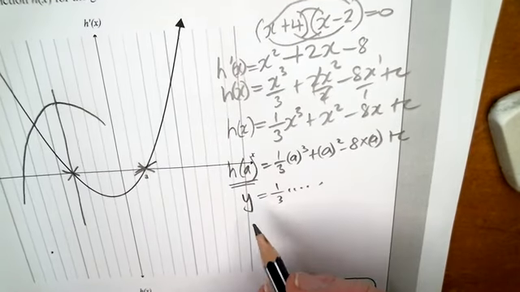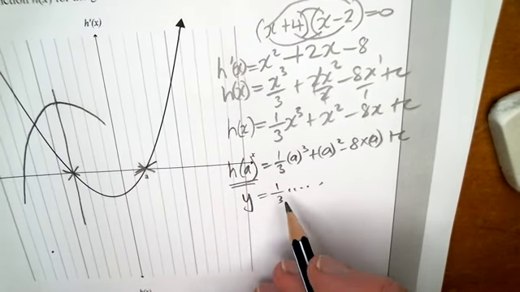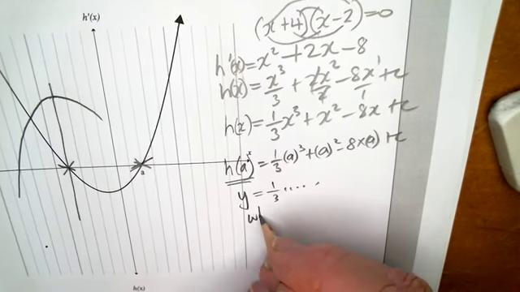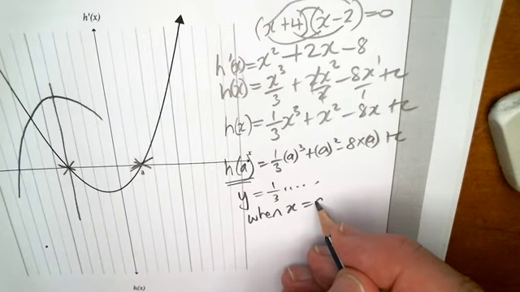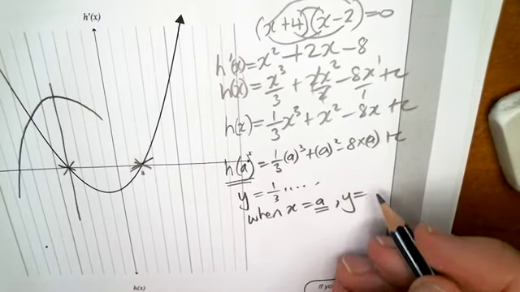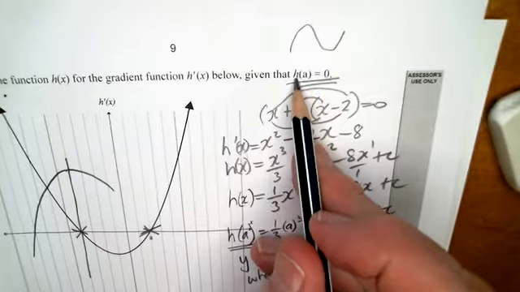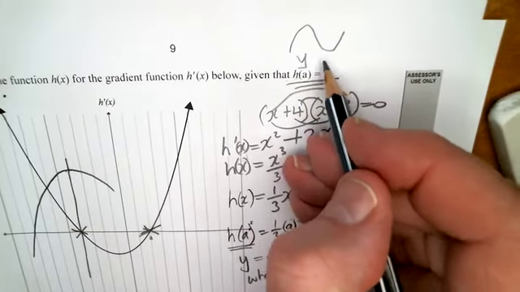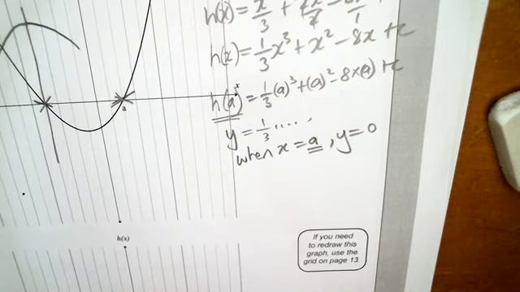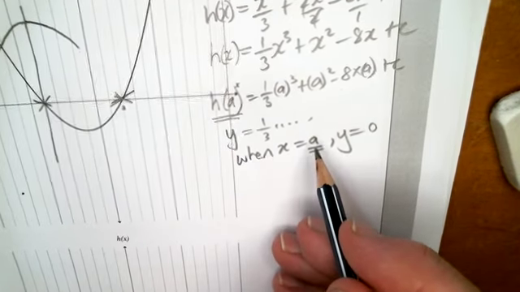Now, I suppose the importance of that is really what we're saying is when x equals a, y is equal to 0. Y equals 0. So my x value is a.